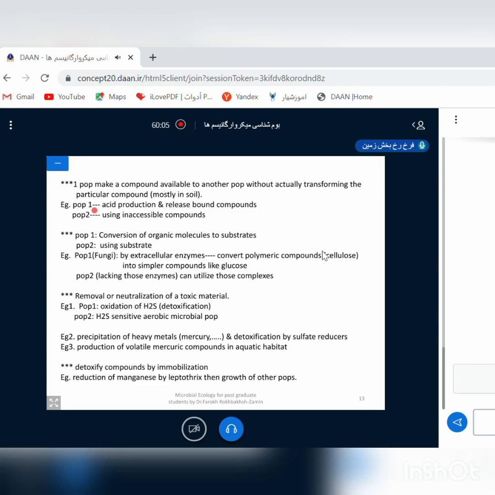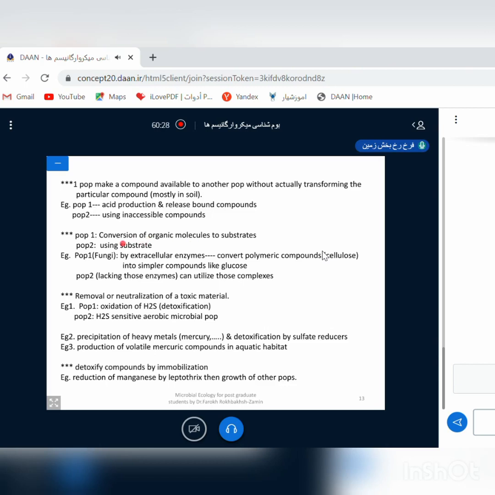They should produce exoenzymes to change it to small size molecules or small size substrate by their exoenzymes, extracellularly.